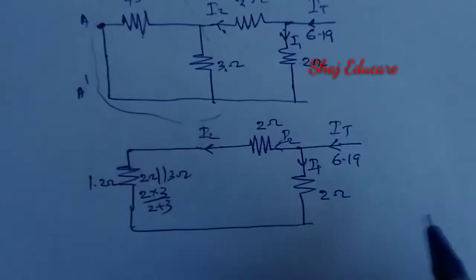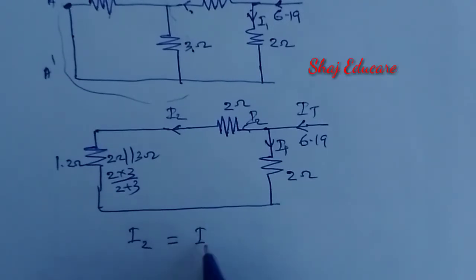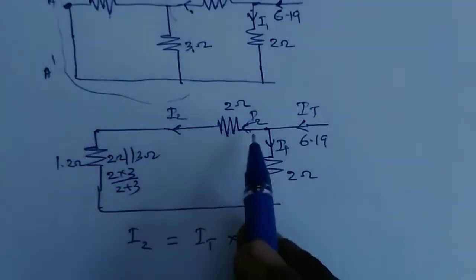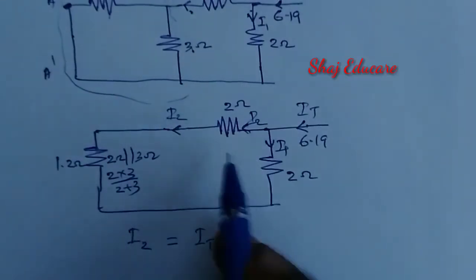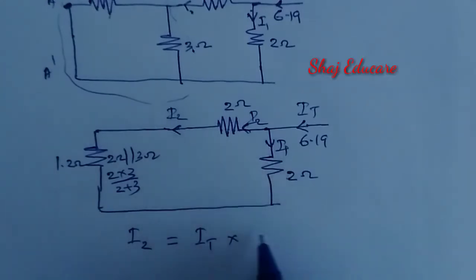Okay, now let us apply the current division rule. I2 will be I total into... I2 is the current flowing through this branch. Okay, so we have to consider the resistance in the opposite branch, that is 2 ohm.